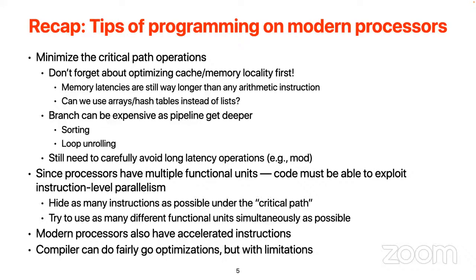If you can avoid that kind of thing by using other operations, and in fact nowadays smart compilers can figure out the right way to interpret a mod of an integer and avoid it. But if your code is not written that way, the compiler cannot do anything. Some of you might ask, can the compiler do anything with it? The answer is yes, but only if you give the compiler sufficient hints, like specifically telling the compiler what the number is or what the multiplication of that number is.